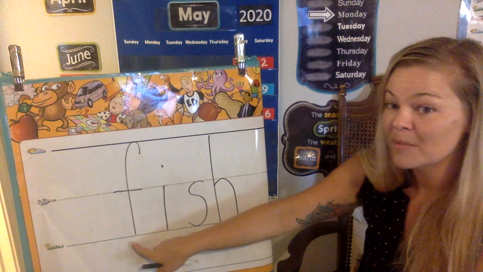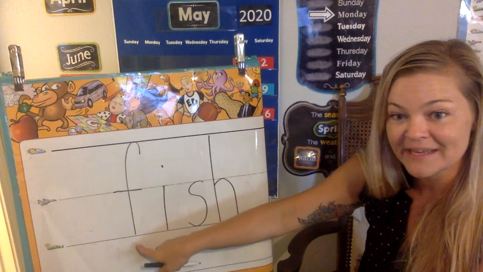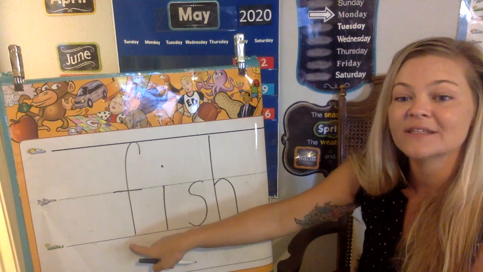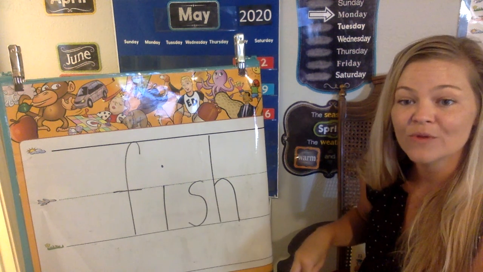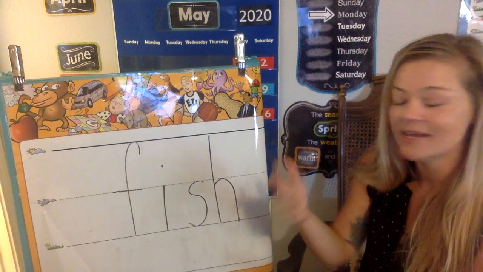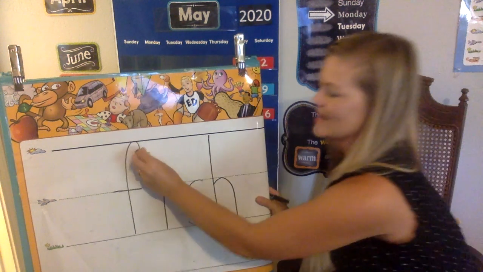So when it was a W at the beginning, it spelled wish. When it was a D at the beginning, it spelled dish. Now it's an F at the beginning and it spells fish. So all those words rhyme, right? Dish, wish, fish, because they all end with the ish sound. All right, let's erase that word.